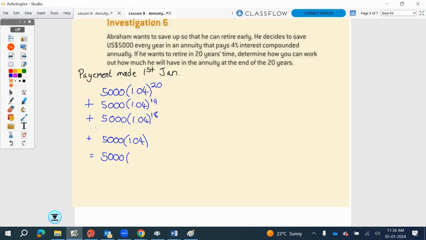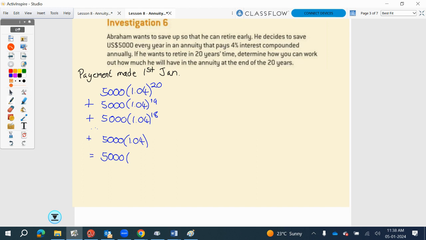Is this series arithmetic or geometric? Geometric. So what's the sum of a geometric series? What's U1? The first term, 5,000. And then what's the interest? 4%, 0.04.